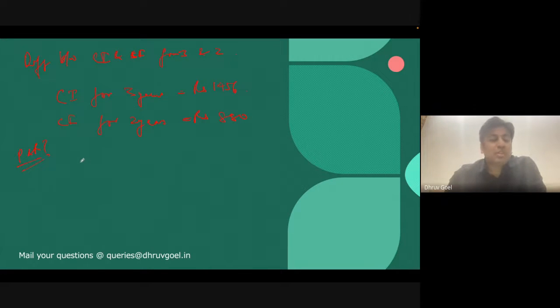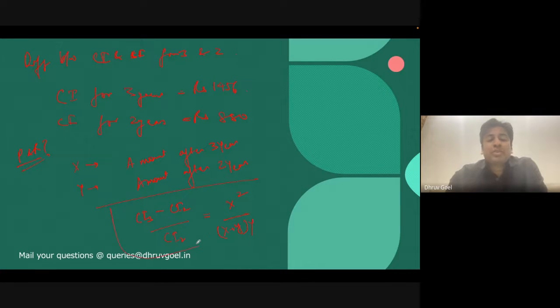So what is the shortcut? Let's try to understand. Let's take certain values. X is equal to the amount after 3 years. Let's assume this. And Y is equal to the amount after 2 years. Now, the formula is (CI for 3 years minus CI for 2 years) upon CI for 2 years is equal to x squared upon (x plus y) into y.